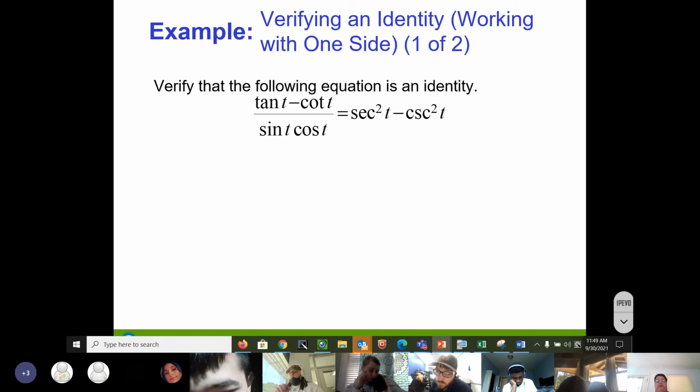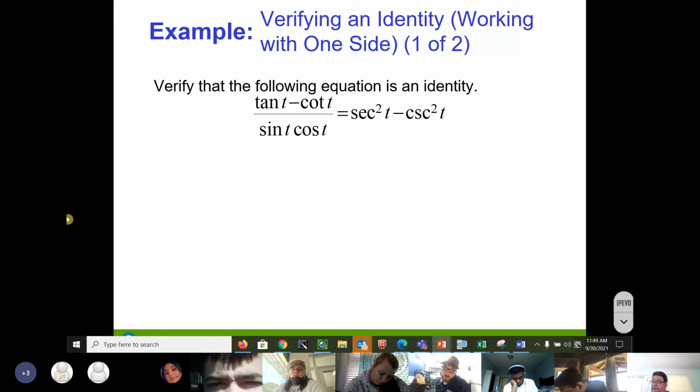Maybe that would be easier to deal with, because tan is sine over cosine and cotangent is cosine over sine. I think I'd rather fool with the left-hand side. I don't know, we may run into a dead end.